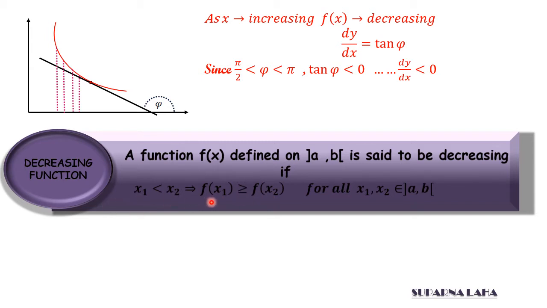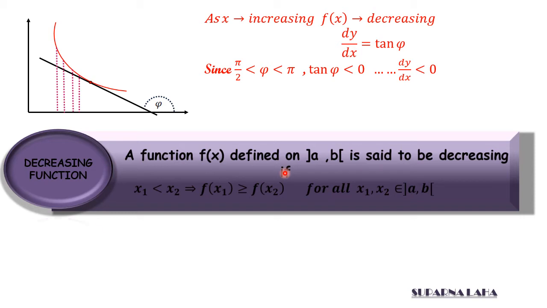That means x is increasing but the functional value is decreasing, for all x1, x2 in this open interval. So for defining decreasing or increasing functions, we will consider a particular interval; for a particular interval we can define the function as increasing or decreasing.